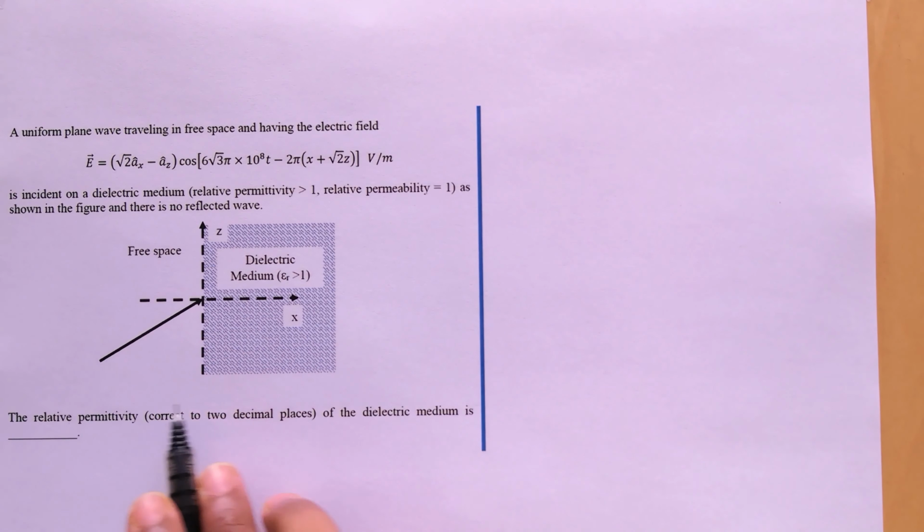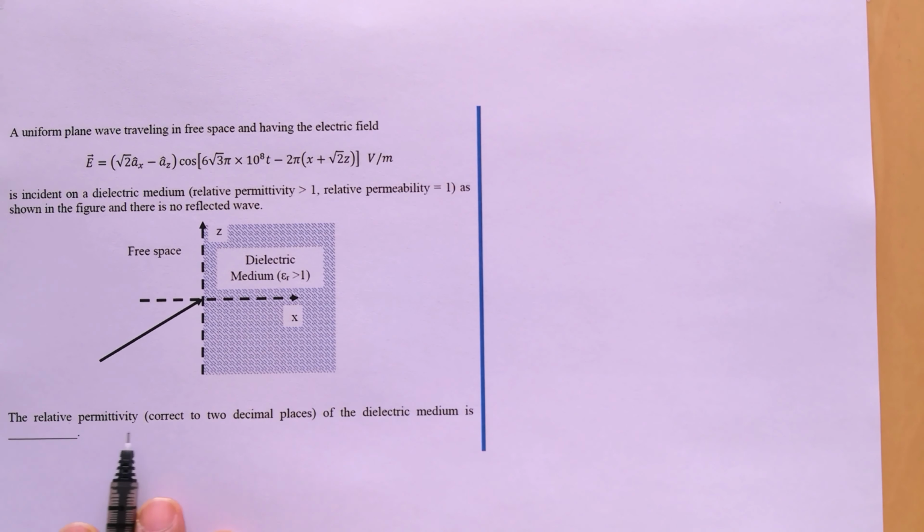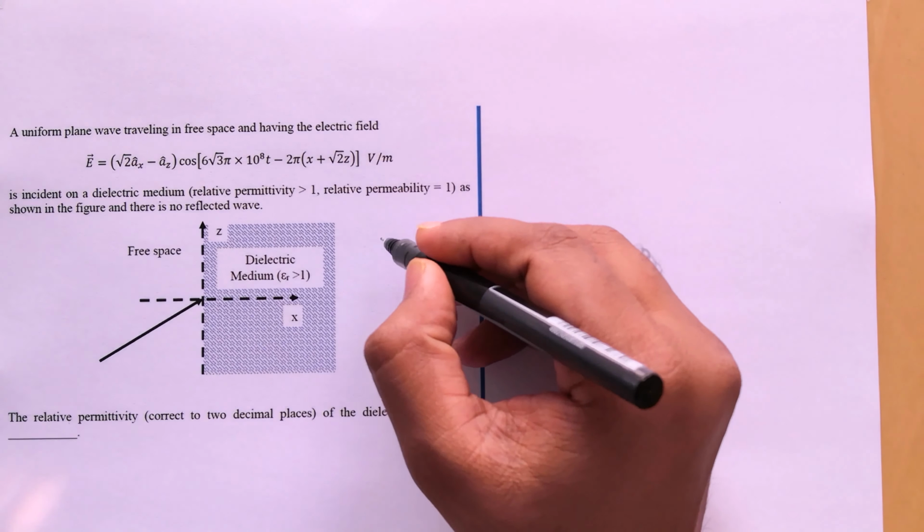So this is the schematic given here. The relative permittivity of the dielectric medium is... So in this question we have to find the relative permittivity of the dielectric medium, which is epsilon r.